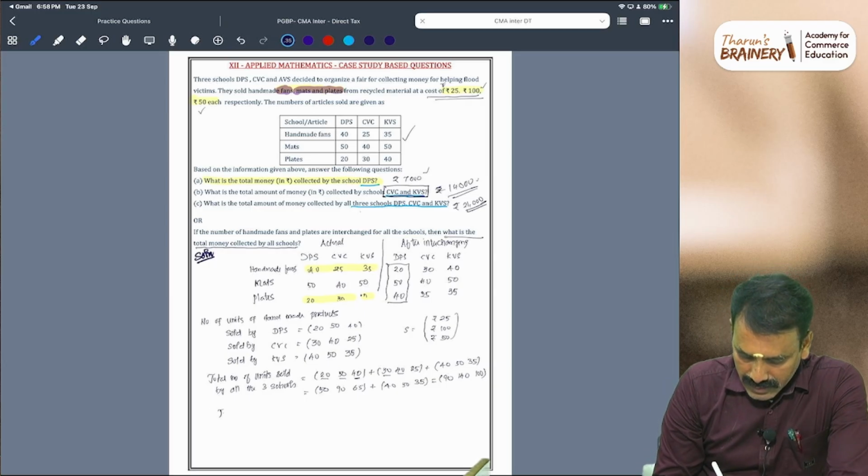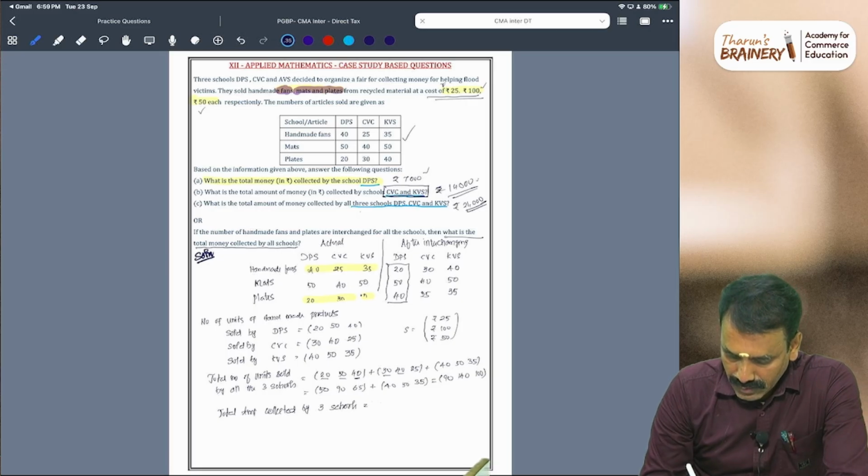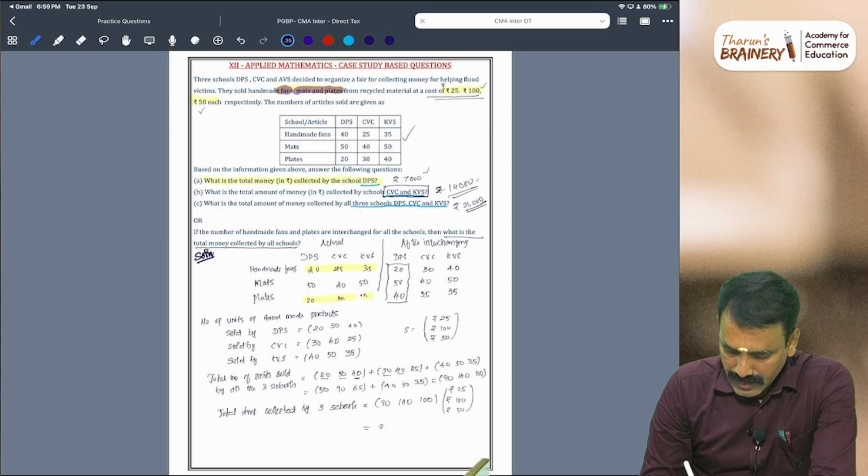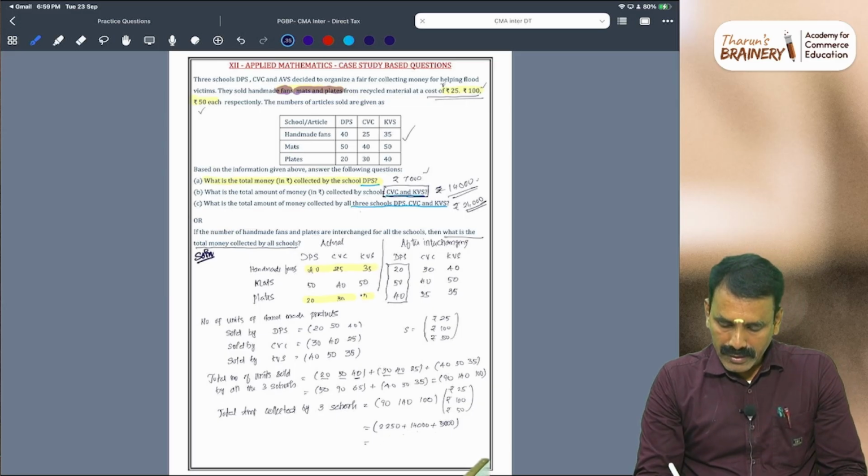So the total amount collected by the three schools is equal to the product of 90, 140, 100 multiplied with rupees 25, rupees 100, rupees 50. 90 multiplied with 25 is 2,250. 140 multiplied with 100 is 14,000. 100 multiplied with 50 is 5,000.